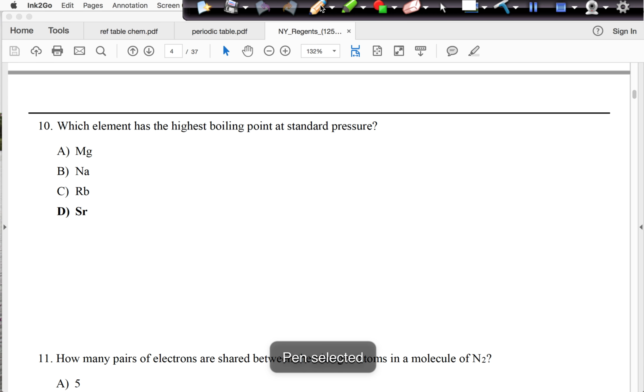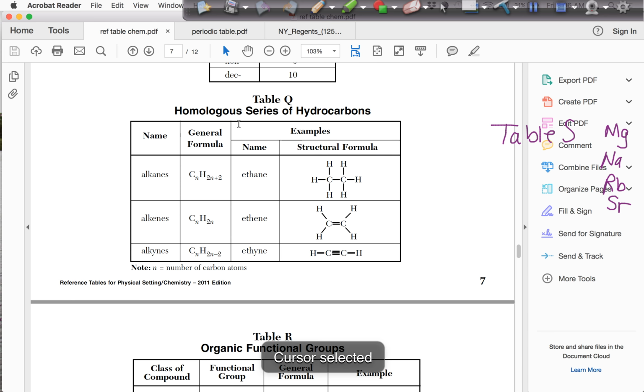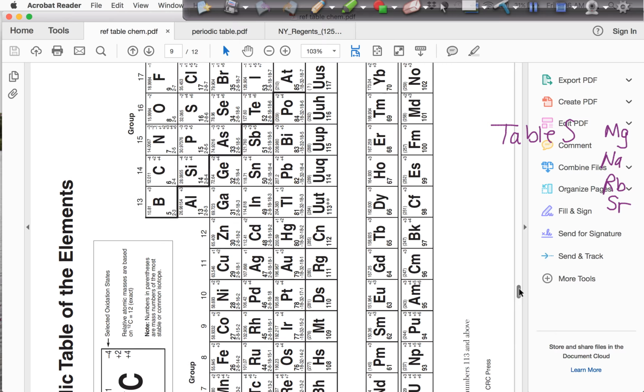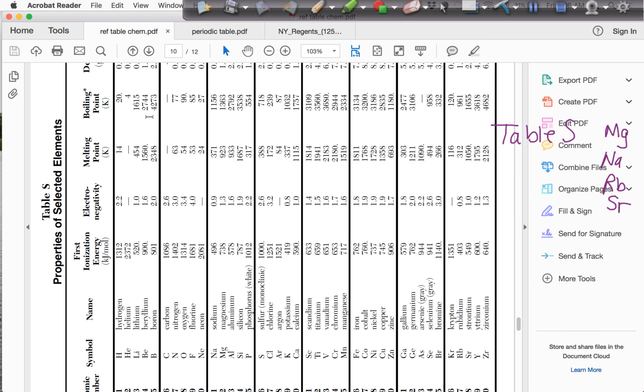For number 10, we're actually going to look at table S. So we're going to have to look up Mg, Na, Rb, and Sr on table S. So I'm just going to find table S. Unfortunately, I'm sideways here, but the boiling point is on table S here.